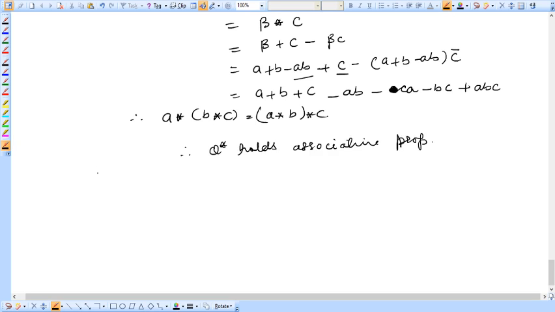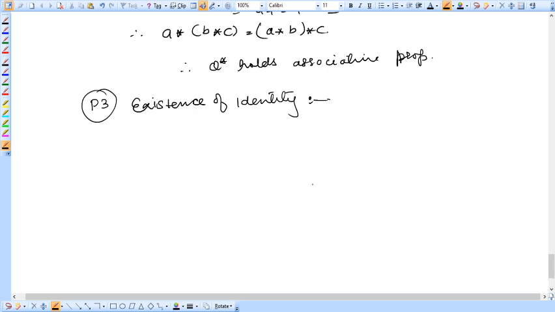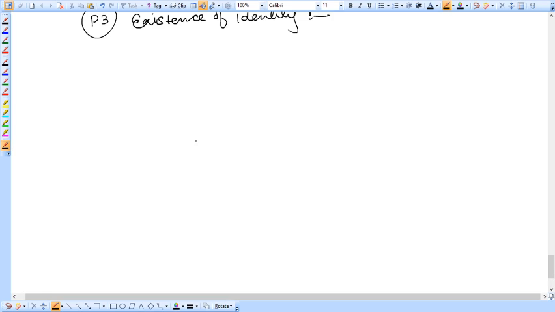Okay, now property number 3 is existence of identity. If identity exists, then for identity we must have A star E is equal to A. Okay, this is identity.